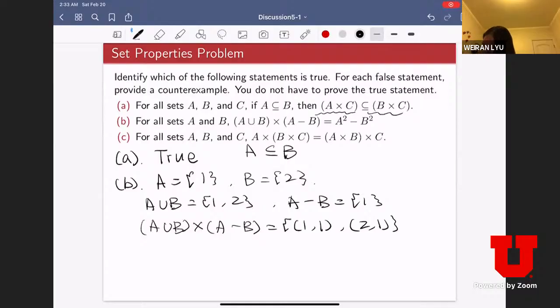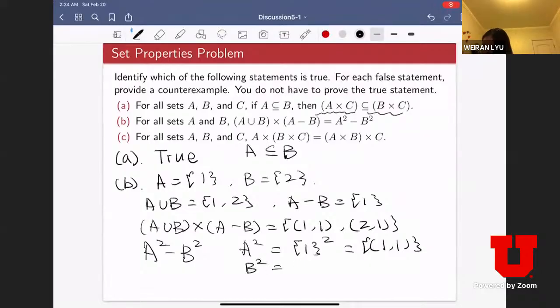All right, and if we look at the right-hand side, we have A squared subtract B squared, where A squared should just be element 1 squared, and that should give you the ordered pair 1, 1. And B squared should give you the ordered pair 2, 2.